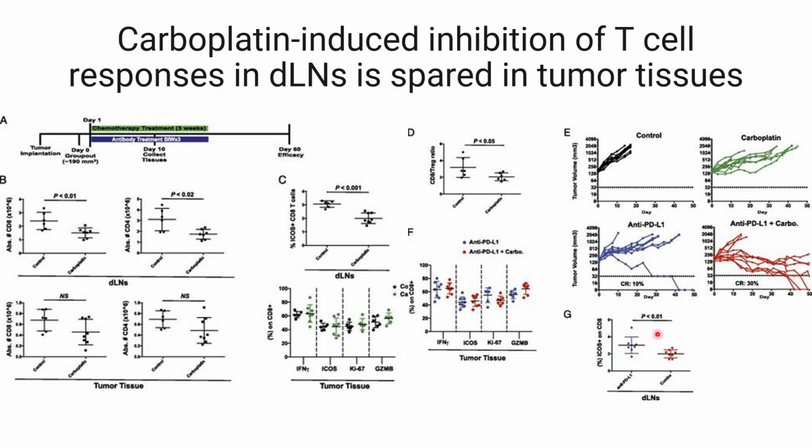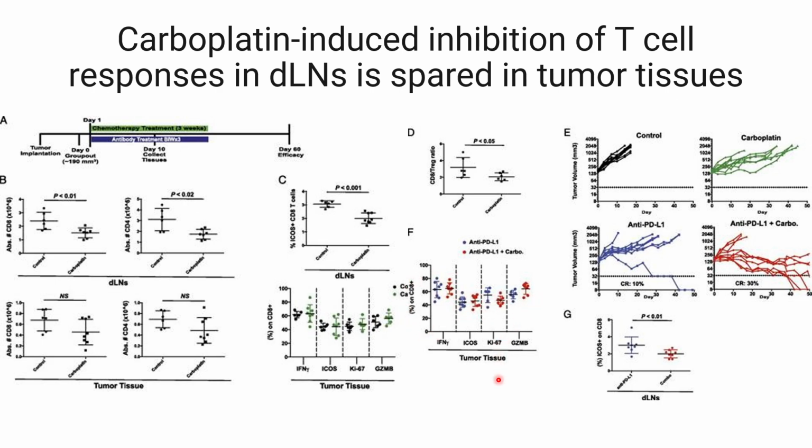However, the induced co-stimulator cells at the dendritic cell at the draining lymph node have also decreased. And also for the tumor analysis, the CD8 plus cells do not show any decrease.